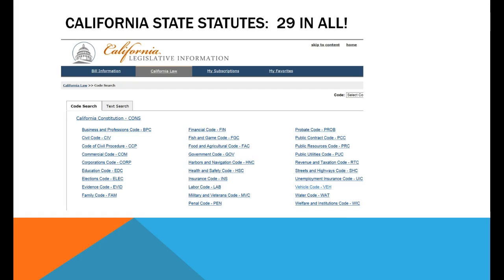When you have a lot of people, you've got to regulate everything. Water is a huge issue in the state of California because most of us in Southern California live in a desert. And we regulate things like fishing. Everything you could possibly think of is almost considered part of a statute and available to research in California.